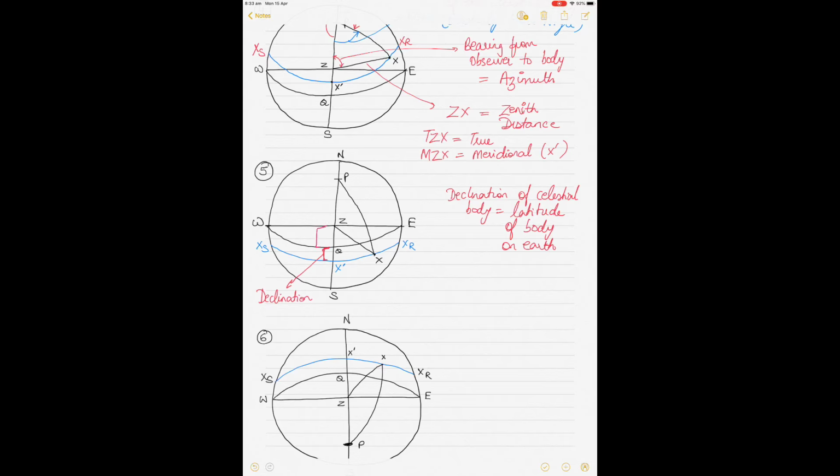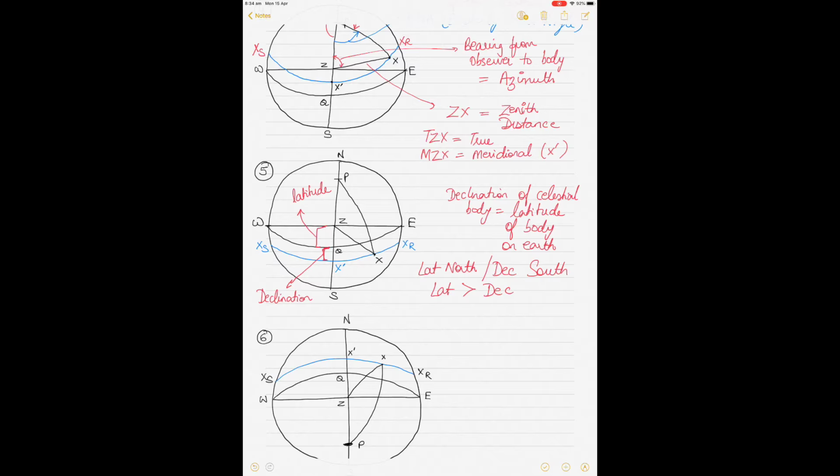This here is the latitude, and since you are north of the equinoctial, your latitude is north. In this case, latitude is north and declination of the celestial body is south. By how I have drawn it, the latitude is greater than the declination.